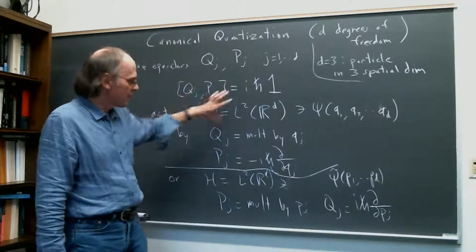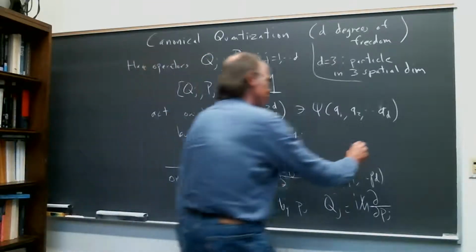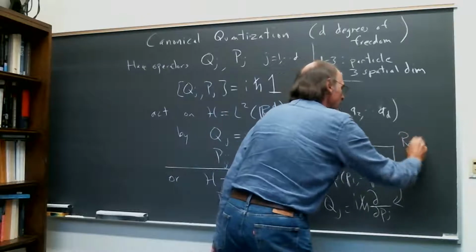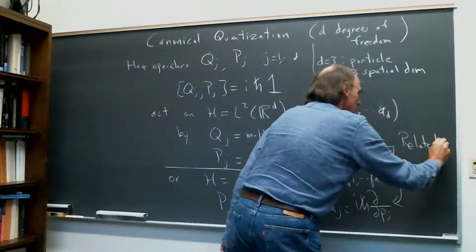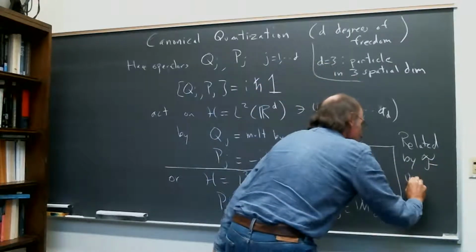So you have two versions of the same thing, and these are related by the Fourier transform, which is a unitary isomorphism.